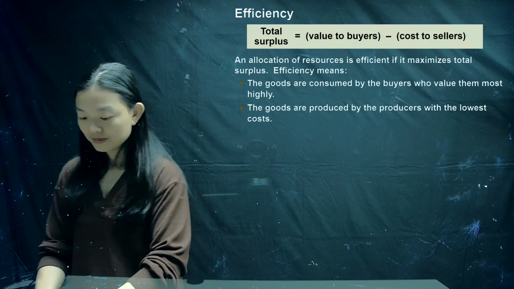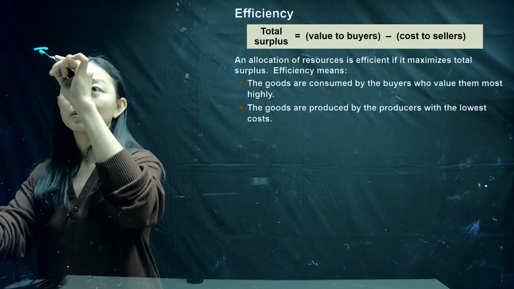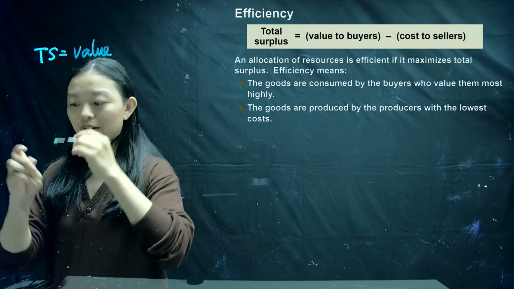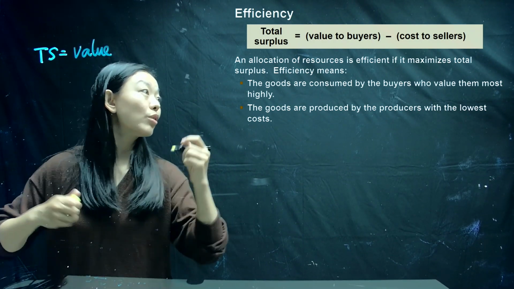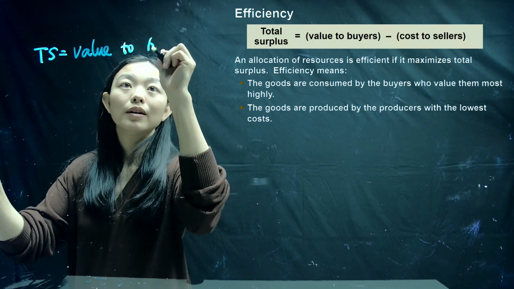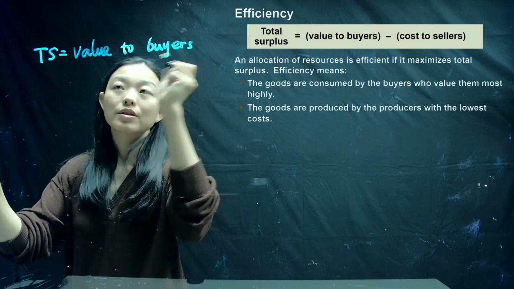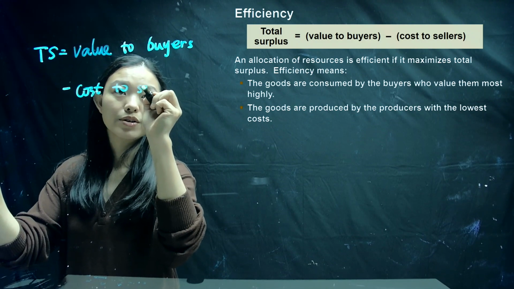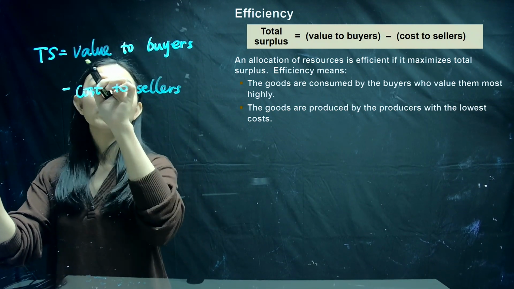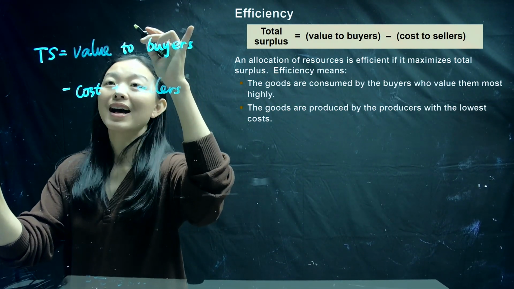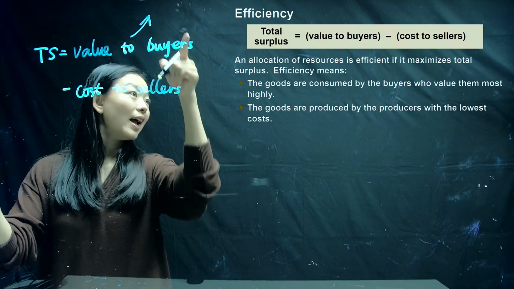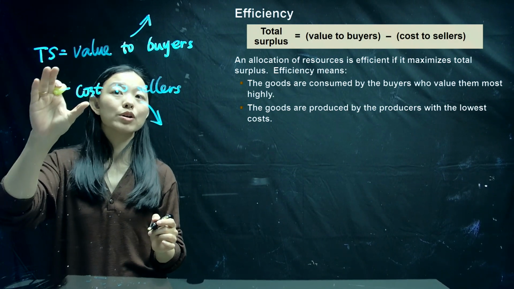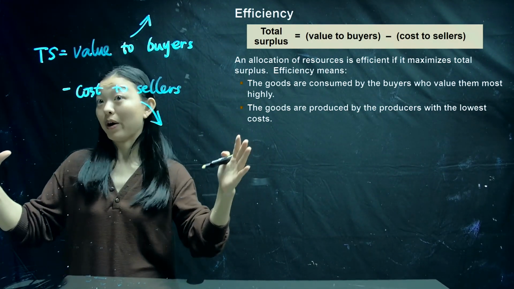Because our total surplus equals value to buyers subtract cost to sellers, we hope the value to buyers is as high as possible and the cost to sellers as low as possible, which makes our total surplus as big as possible, right?